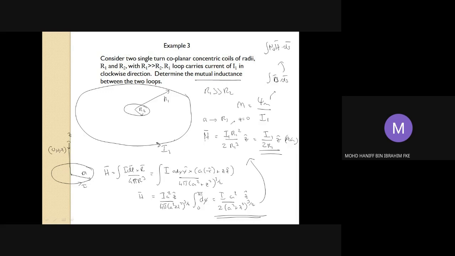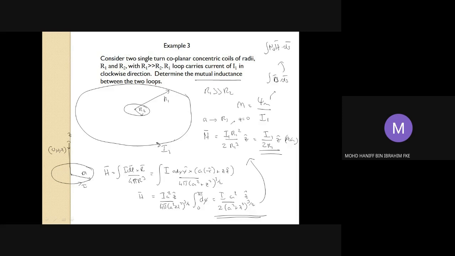This is the amount of magnetic field produced at the center of this structure, because based on this equation, it is at the center of the loop.